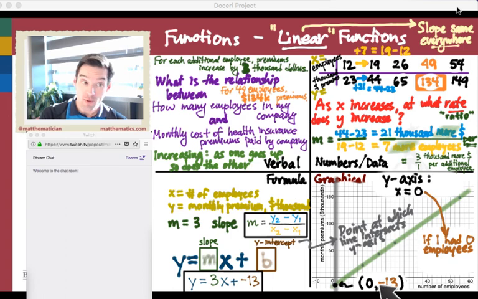Remember, it's sitting in a y coordinate, right? And that means it's describing something about the y variable in this relationship, the thousands of dollars in premiums. So bringing this number out here, if I had 0 employees, I would pay, and this is going to sound weird, negative 13 thousands of dollars in premiums.